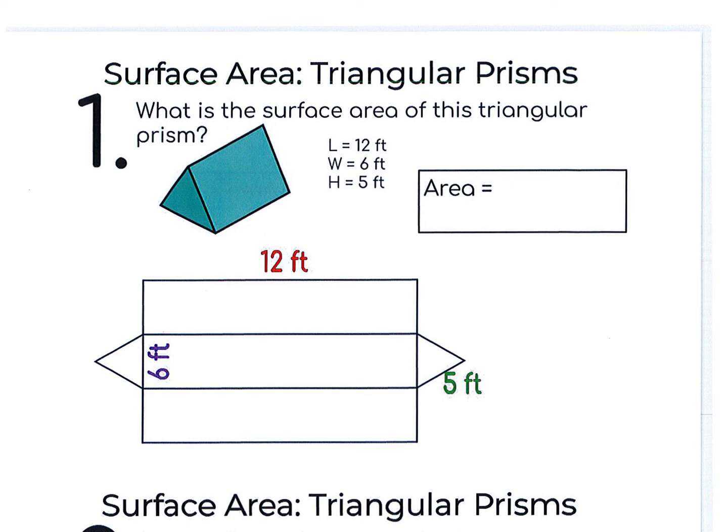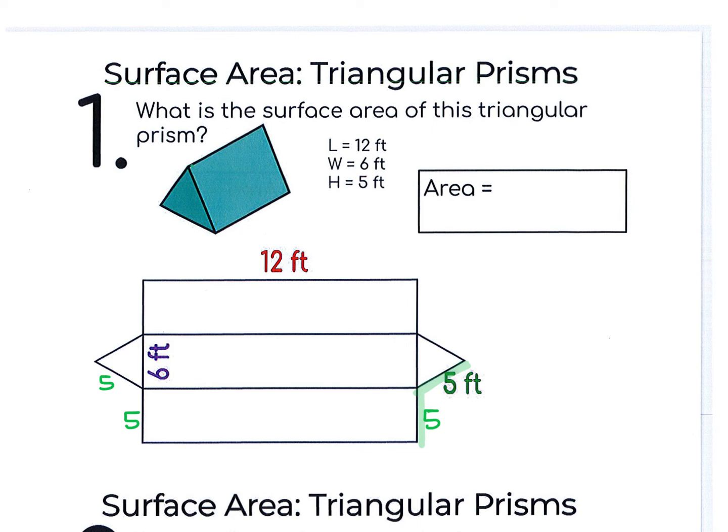So we have a triangular prism and we just need to find our surface area. They drew a net for us and they put some labels on this net for us. Some things I want us to remember and consider. If this triangle edge is 5, then the side that would fold to meet it would also be 5. And same on the other side.